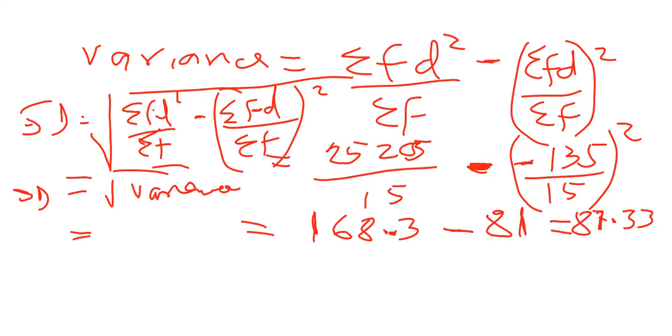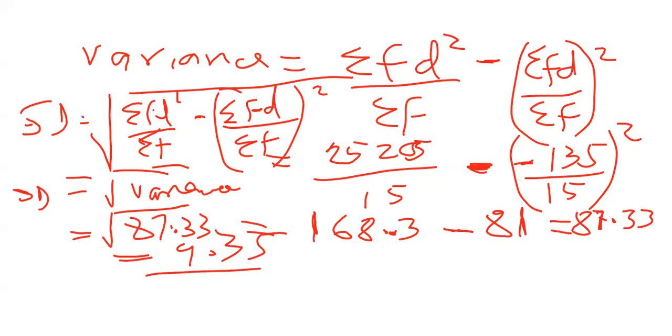And you are aware that the square root is 87.33, which I still believe was 9 point something. Yeah, 9.35. So that's how to handle it. When there is an assumption, we do it like that. Is it clear? Yes.